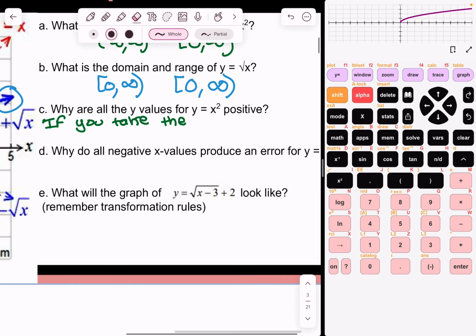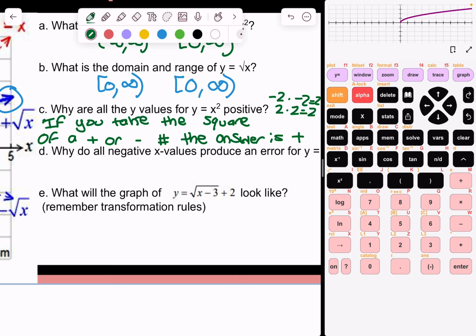Think about it. -2 times -2 is +4, or 2 times 2 is still +4. So you will never square a number, multiplying it by itself, and end up with a negative number.